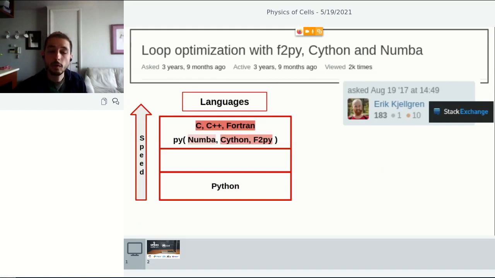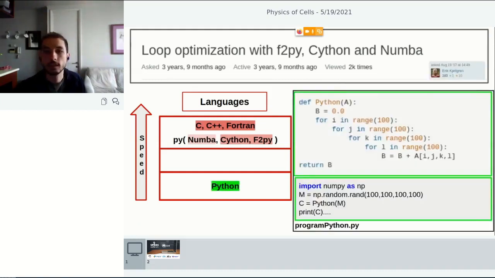So now I'm going to show you 4 codes, a Python code, a Numba Python, a Cython and an F2py code, and the times it took to run, from this guy here on Stack Exchange. Starting with Python. Here you see they are doing a basic Python definition of a function.